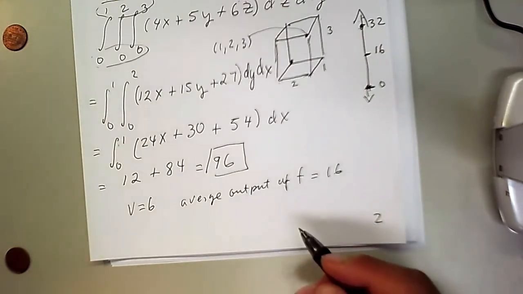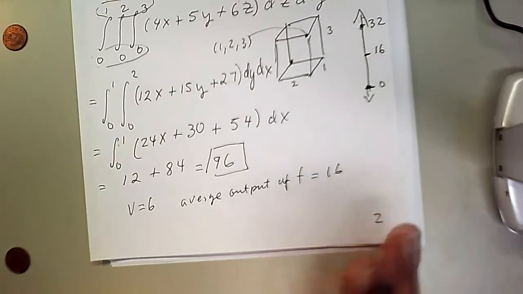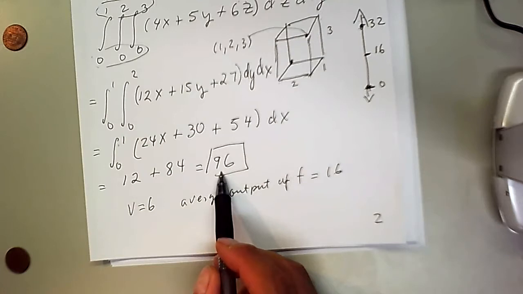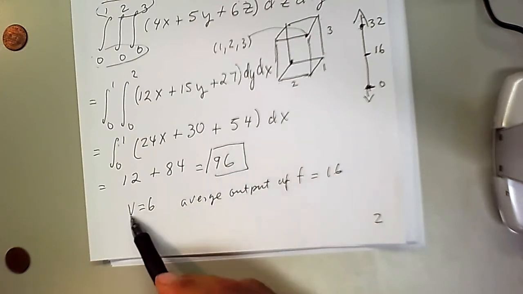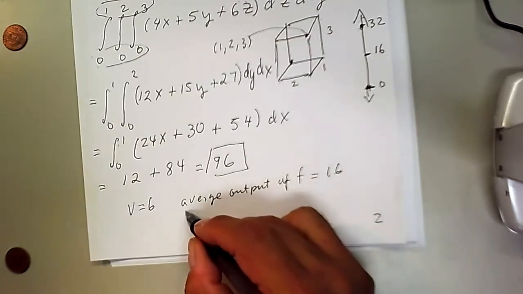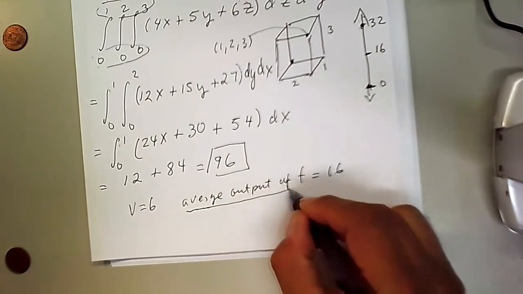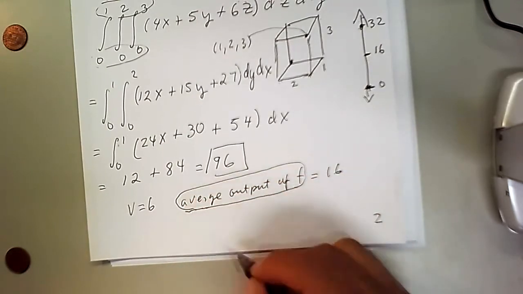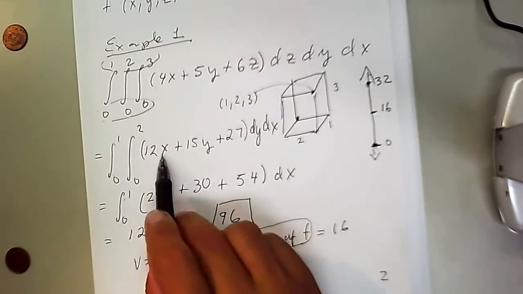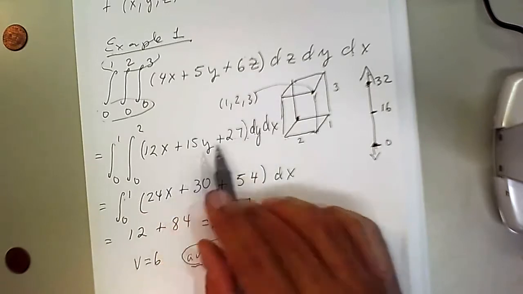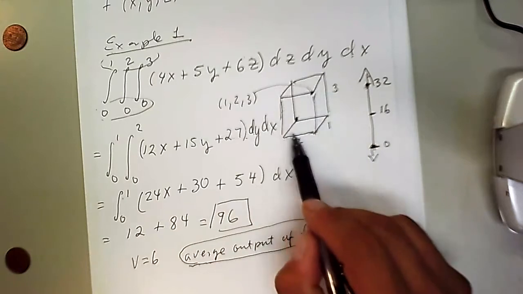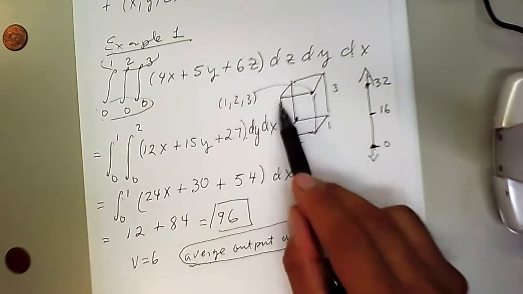So one way to think of this is to think of the triple integral as the volume times the average output. But this average output is tricky to view, because this function is very linear, very proportional, and the cube, the box, is also very boxy.